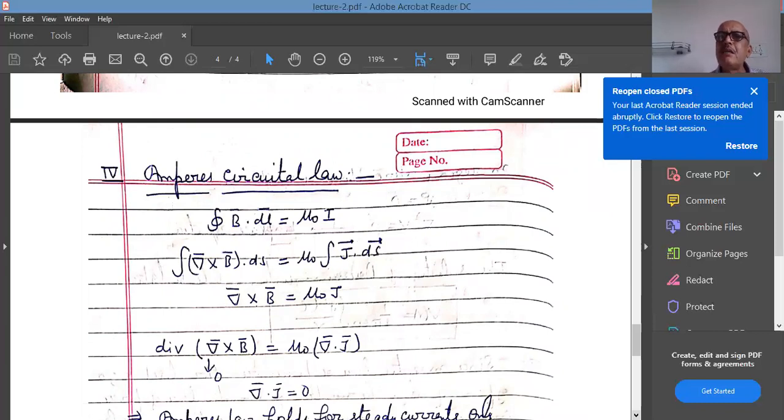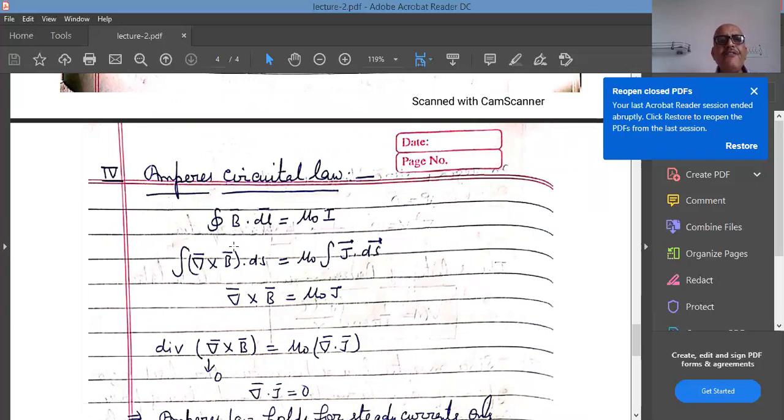The Amperian loop is similar to the Gaussian surface. So the loop over which we carry out this line integral is called the Amperian loop. The integral of B dot dl is mu0 I, that is the well-known Ampere's law.